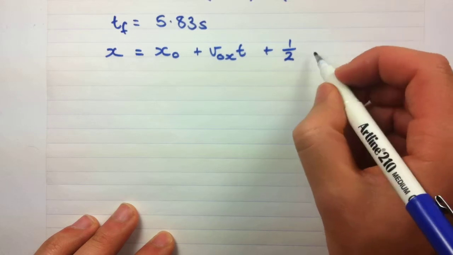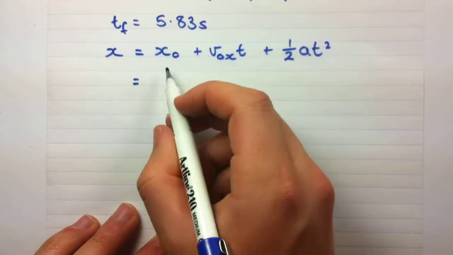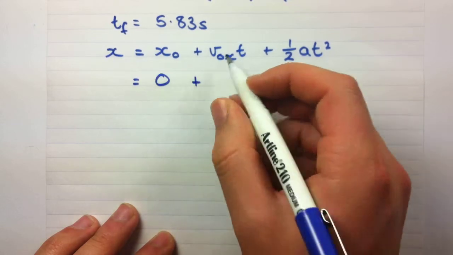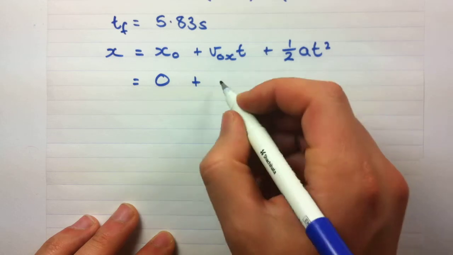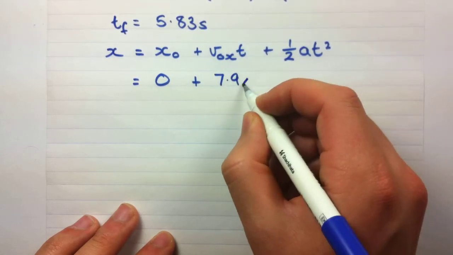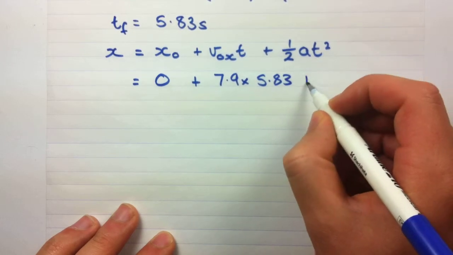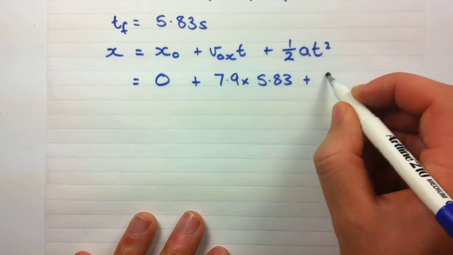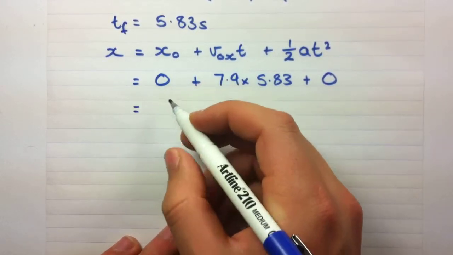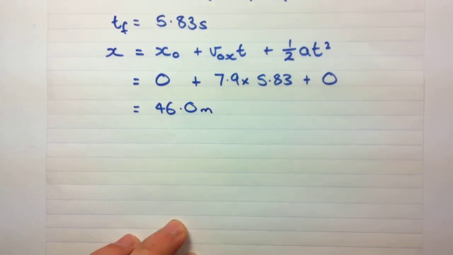A formula sheet is absolute gold when it comes to exams. x0 we know is 0, v0 in the x direction I worked out before was 7.9, and t we now know is 5.83. The acceleration is 0, so that term is just going to be 0. Type that into your calculator. The ball travelled 46 meters.